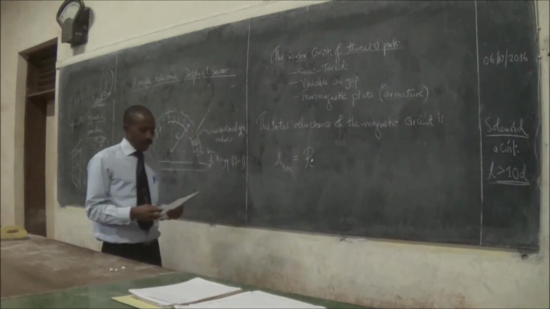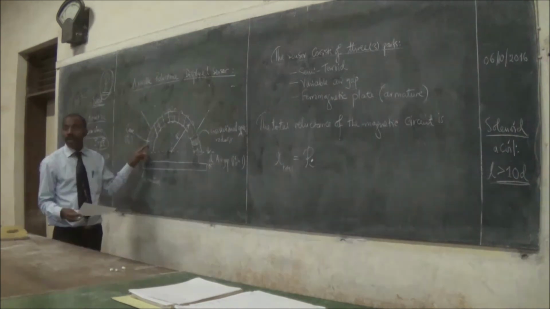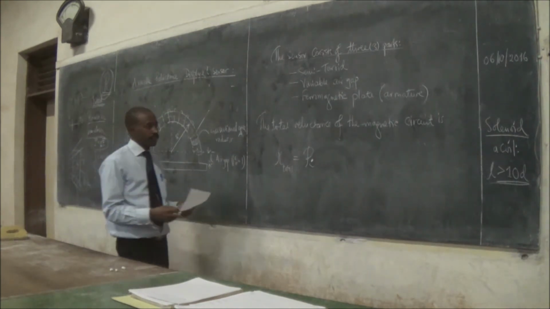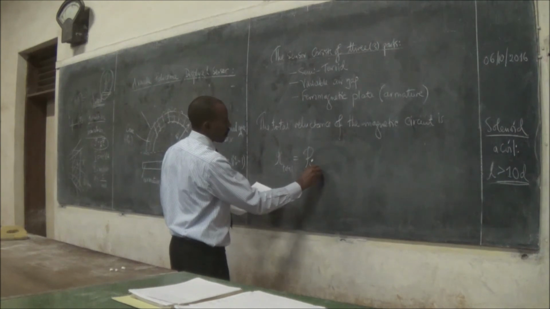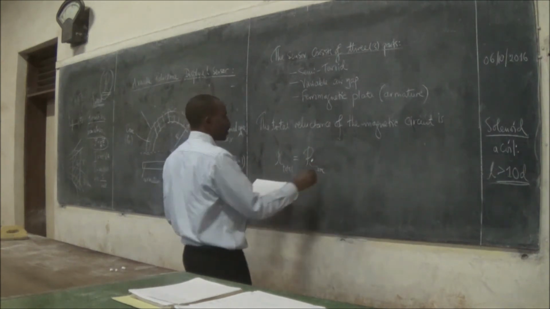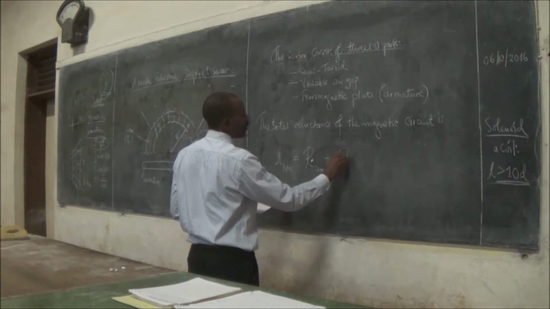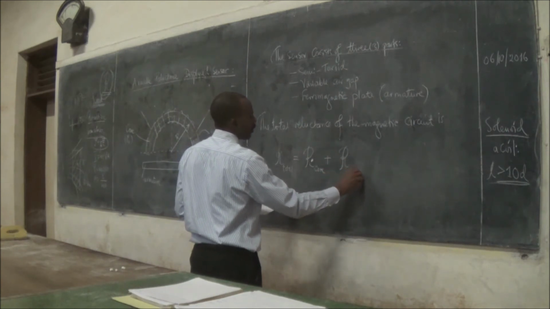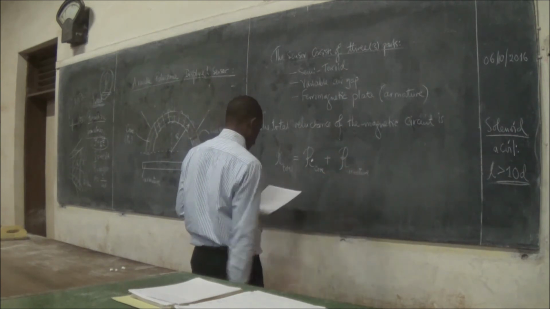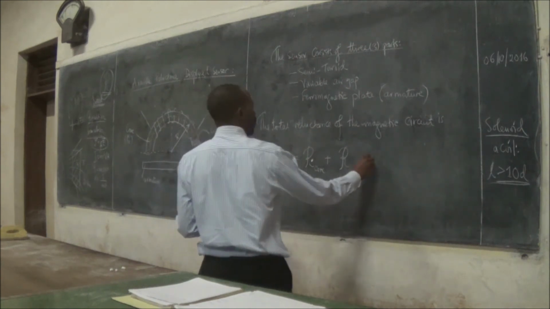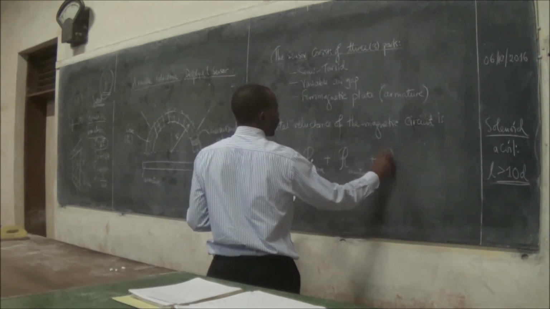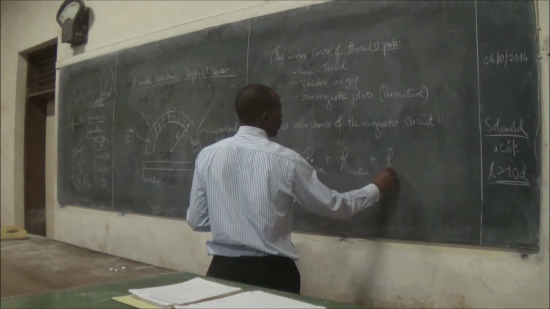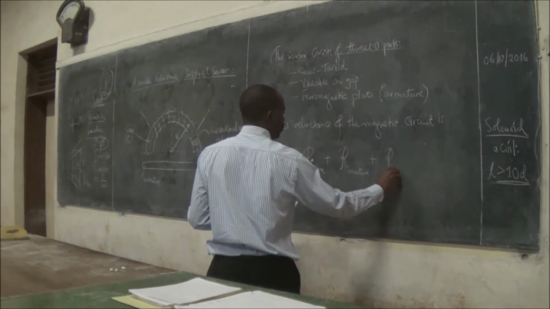script R of this core here plus the reluctance of the armature plus the reluctance of the air gap.